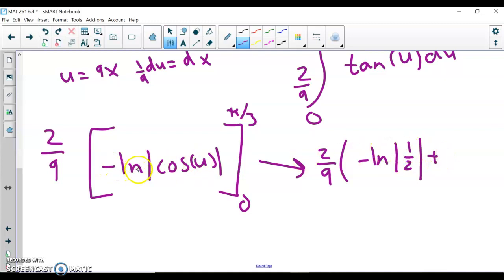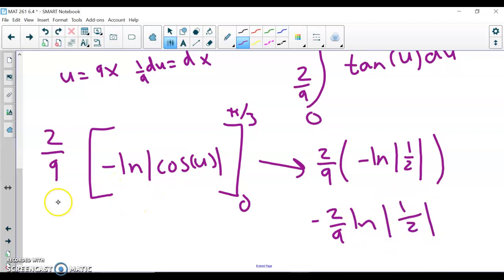This will be the natural log of 1, right? Cosine of 0 is 1. Well, the natural log of 1, if you remember, is 0. So it doesn't really matter if it's plus or minus. It's just going to be a 0 there, so I'll get rid of the 0. Which means this whole thing is equal to negative 2/9 natural log of a half.